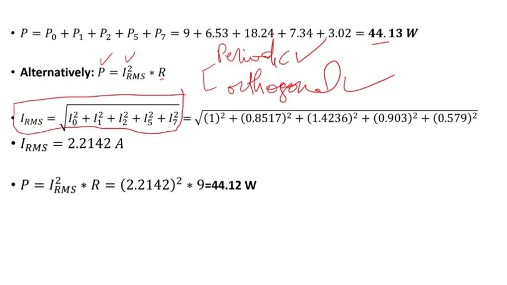The RMS current is the DC current squared plus I1 squared RMS, and so on. Sorry, this is DC, so it doesn't matter. RMS, RMS, RMS. If I go through, I get the current is 2.2142 amps. If I square that times 9, I get the same result. That's how you calculate the power consumed by the resistor when you have a nonlinear system.